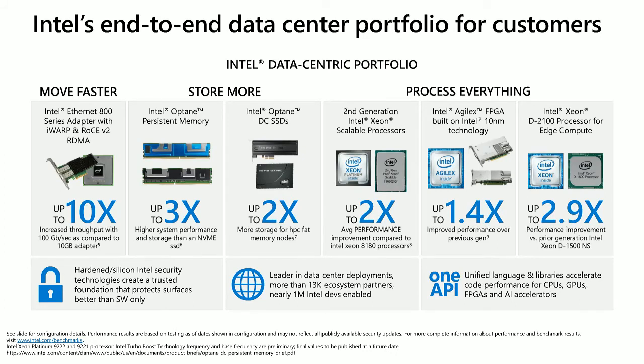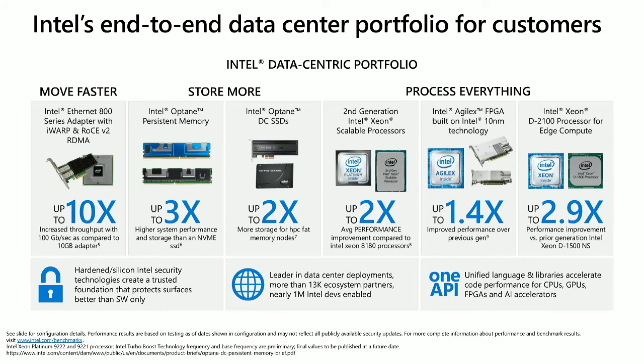We have the Intel Optane SSDs that can also be used as cache tier. We have our Xeon lineup, and it's coming more, obviously. Next generation, we have multiple improvements. We have the FPGA lineup, and then we have smaller footprint Xeons for edge-specific work. On top of that, Intel has become front and center with security from the hardware perspective, building the root of trust and improving on a daily basis.